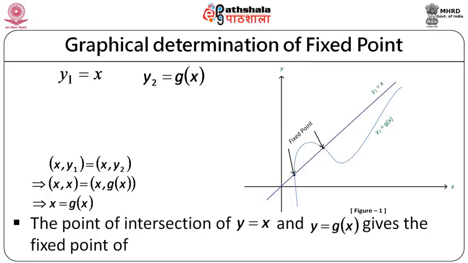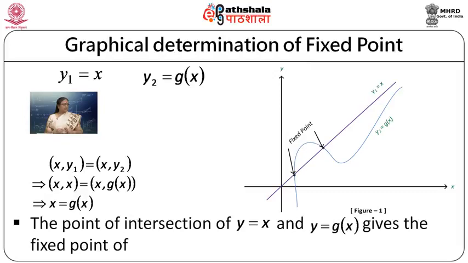Graphically, we want to find the root of x equal to g(x). So, we plot the line y equal to x, which is a straight line making an angle of 45 degrees with the x axis, and you can see the curve y equal to g(x) drawn on the screen. The x abscissa of the points at which y equal to g(x) intersects the line y equal to x are the fixed points of the function.